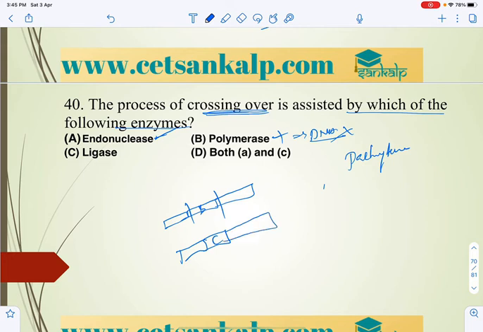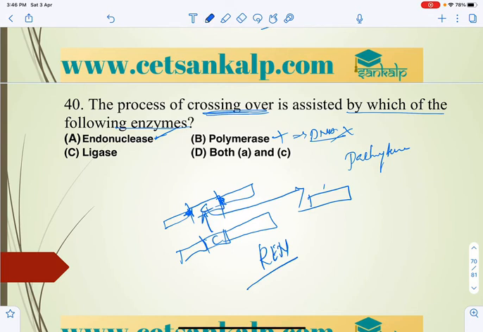This C segment will be removed, that part will be taken out, and instead they are going to add this segment here. With the help of this they are going to ligate. To cut they use restriction endonuclease enzymes, that is endonucleases, and to join they use ligases. So the answer for that is A and C. Both A and C are the correct answers.